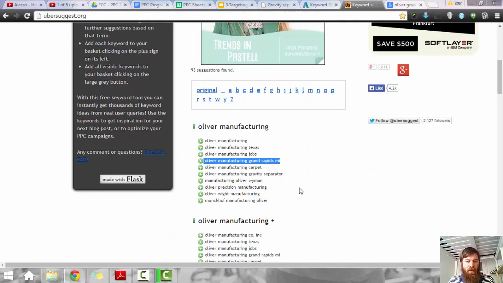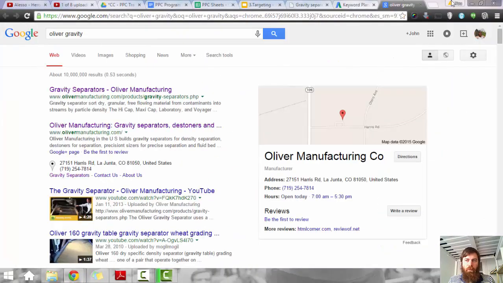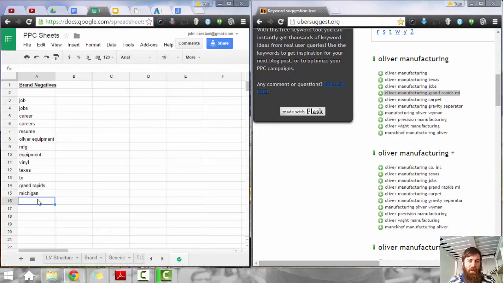Carpet, Y-Man. So we're getting a lot of negatives here. So what I'm going to do is just start adding a ton of negatives.